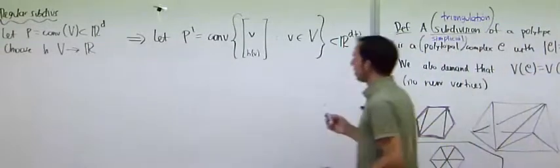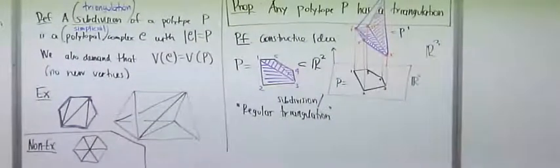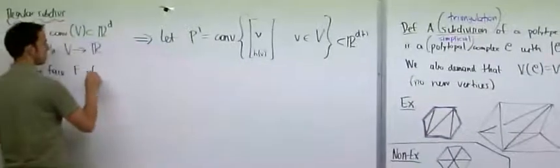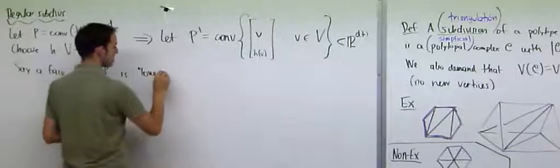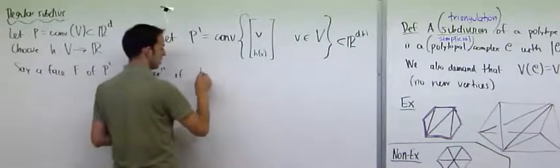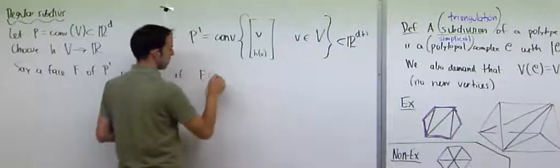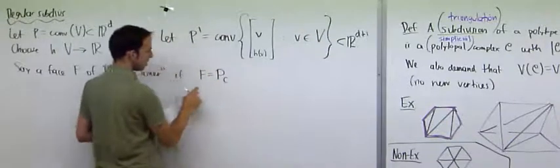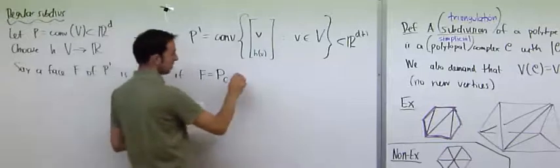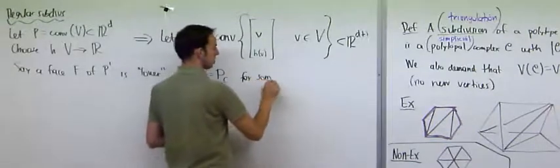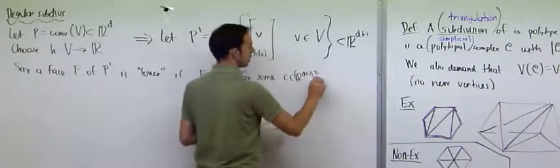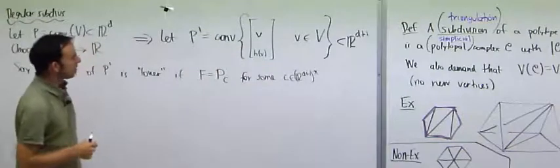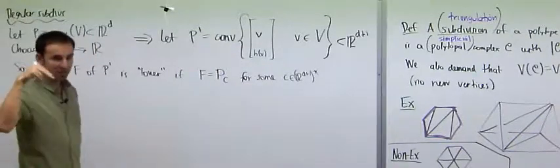Okay? And then I'm going to say that a face f of P prime is lower if it is the maximal face in direction C for some direction C. Remember that we want our directions to live in the dual space. Some direction C whose last coordinate is negative.